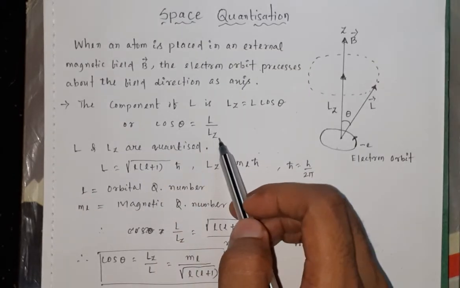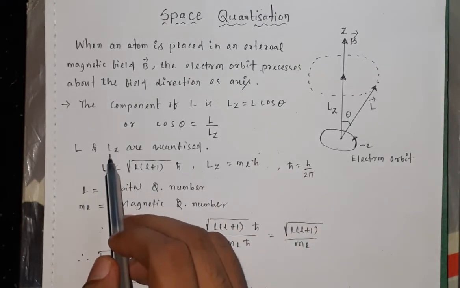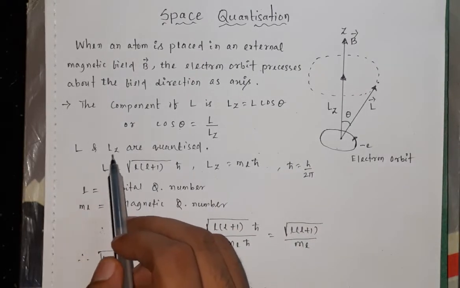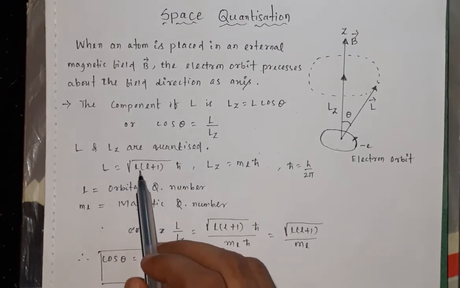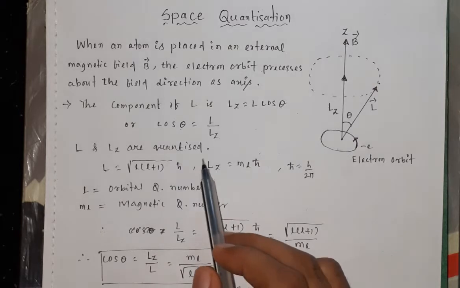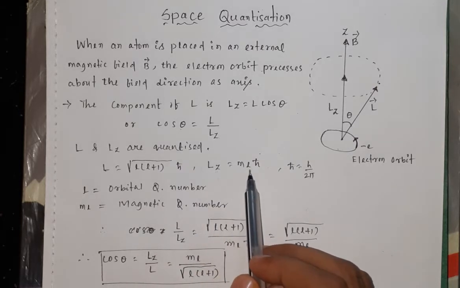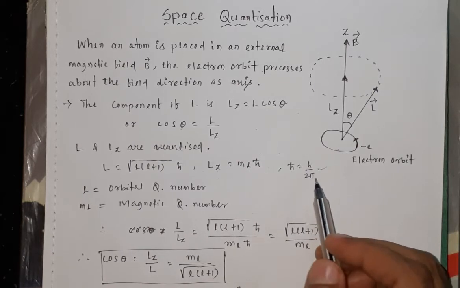Then we write the values of L and Lz, because both L and Lz are quantized. L equals root of l(l+1) h cross, and Lz, that is the z component of L, equals ml h cross, where h cross equals h by 2 pi. You know it.